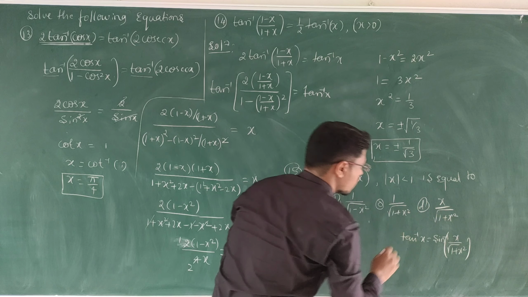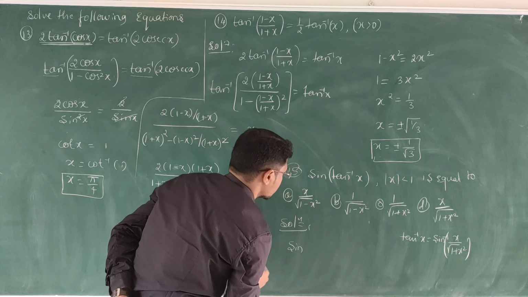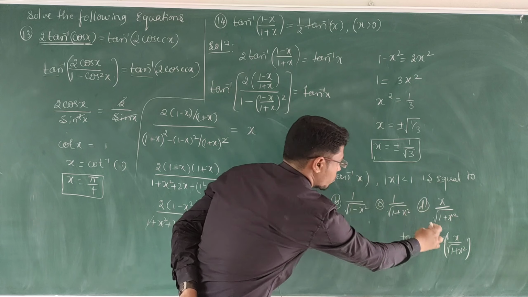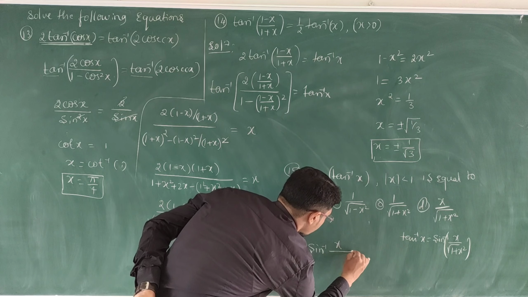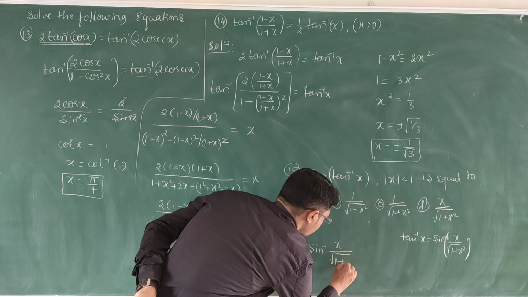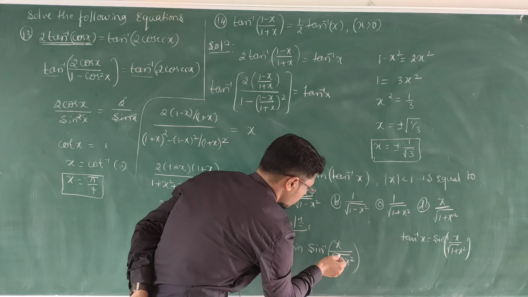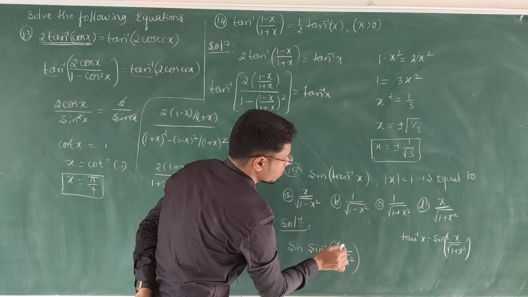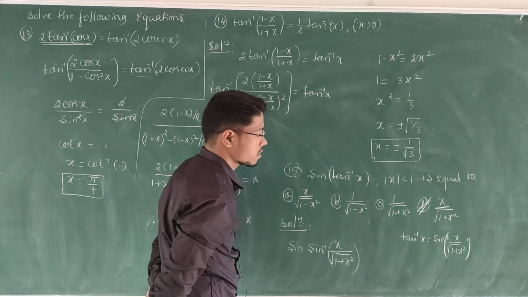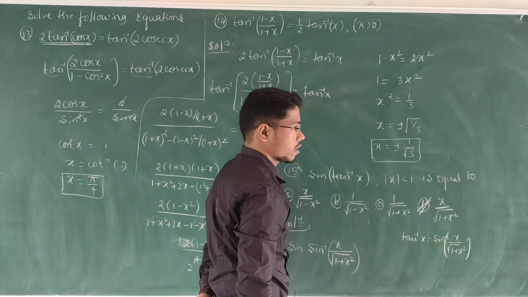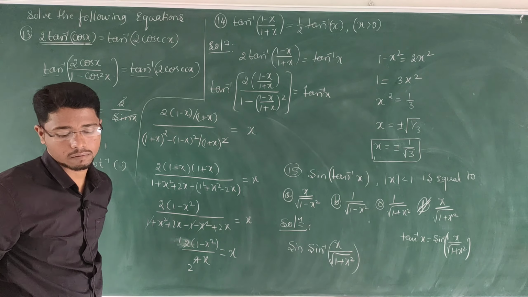I will use this here: in place of tan inverse I will put sin inverse of x divided by square root of 1 plus x square. So sin inverse gets cancelled, remaining is x upon root 1 plus x square. So the option is D. Using the conversion of tan inverse to sin inverse formula, we can write it very easily.